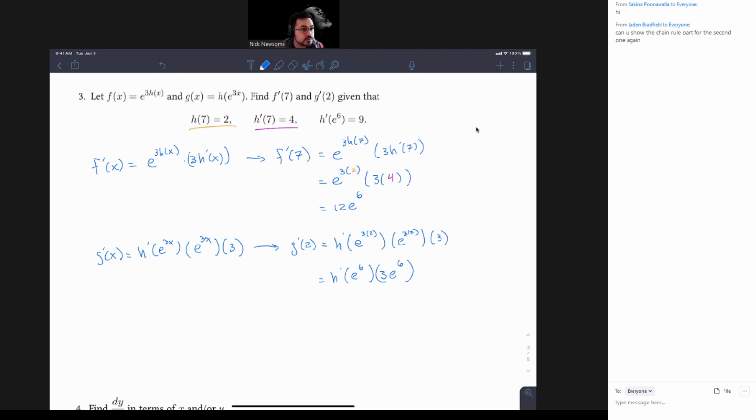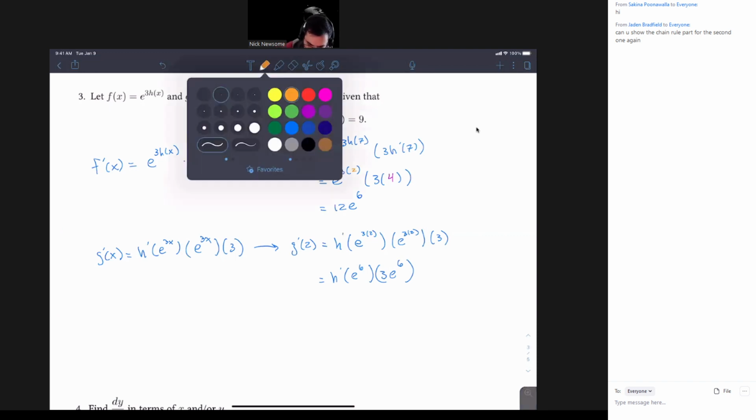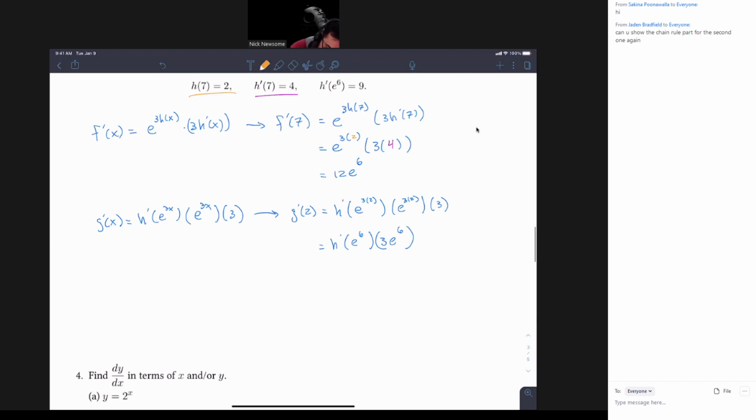Oh, can you show the chain rule part for the second one? Yes. So this is h prime of e to the 3x multiplied by the derivative of e to the 3x.